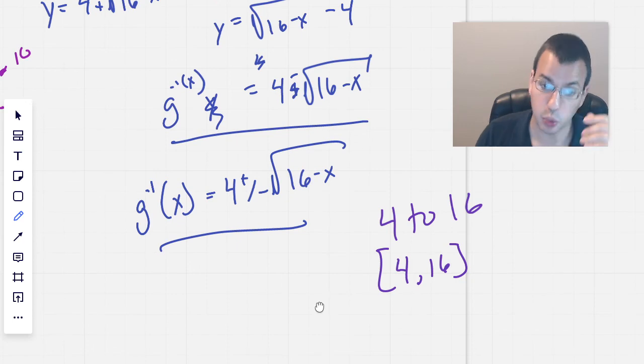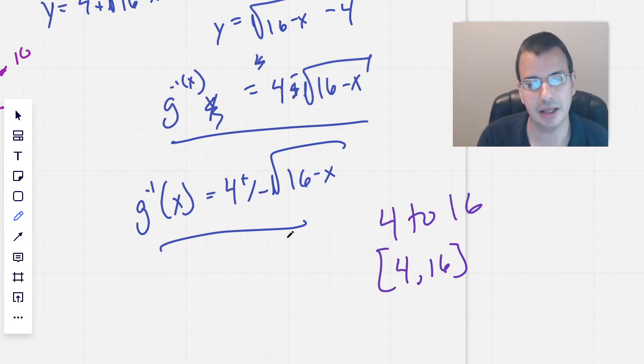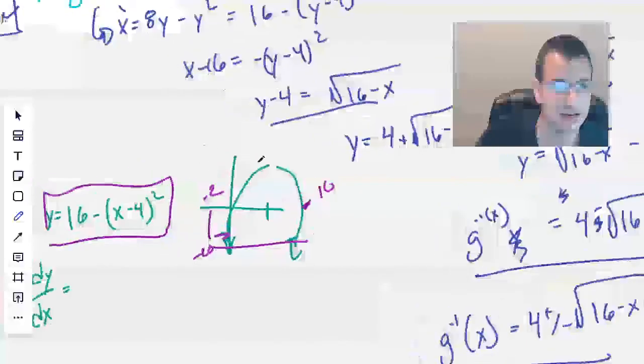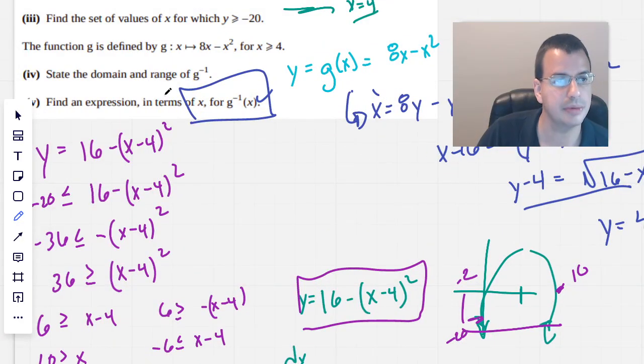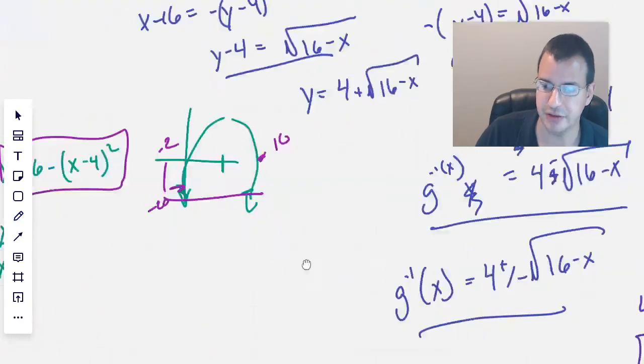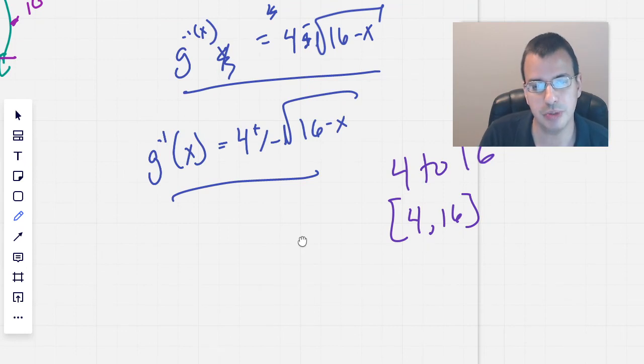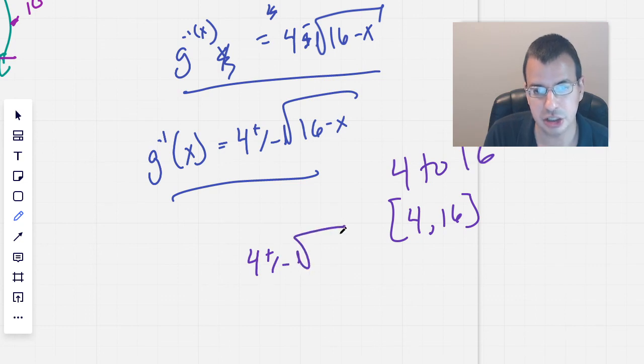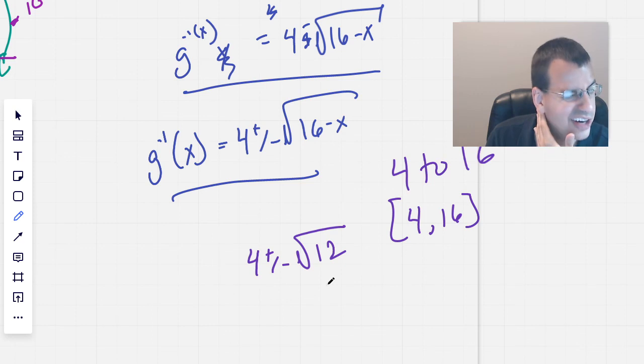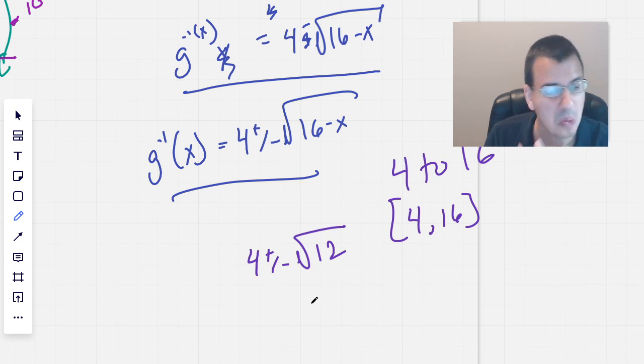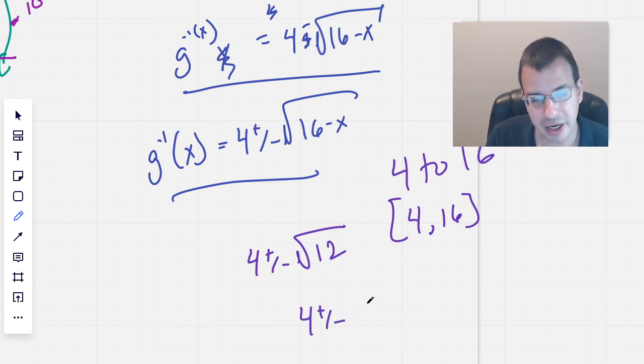And so then the range would be, I said the range of g inverse of x. So the range then would be, well, we could plug in 4 here. So we get 4 plus or minus the square root of 12. That would give us 4 plus or minus 2 times the square root of 3.